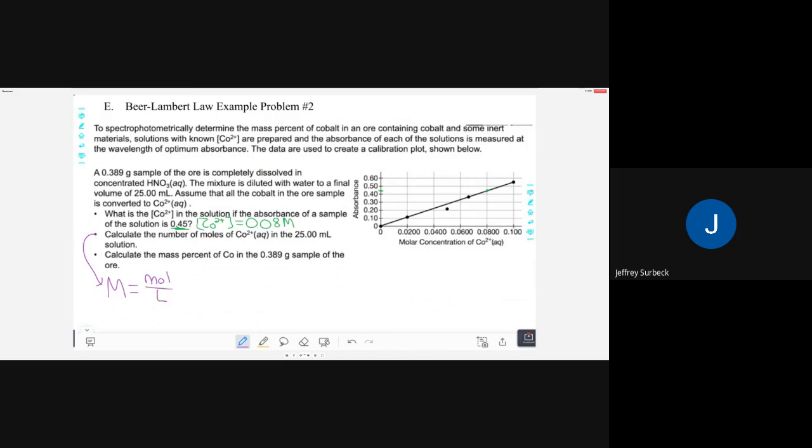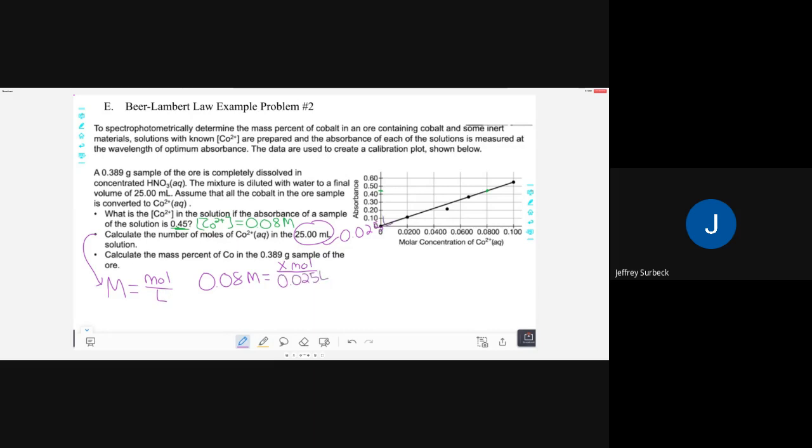Okay, and so now what we can do is this. We know our molarity is 0.08. So I'm just going to plug this in and say 0.08 big M equals, I don't know how many moles of our substance, all divided by not 25, but what's 25 divided by 1,000? Yep, 0.025 liters.